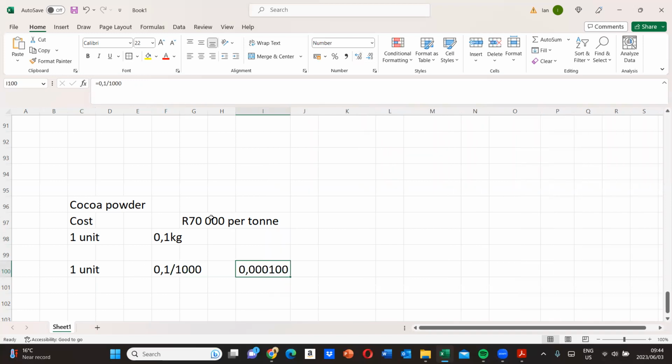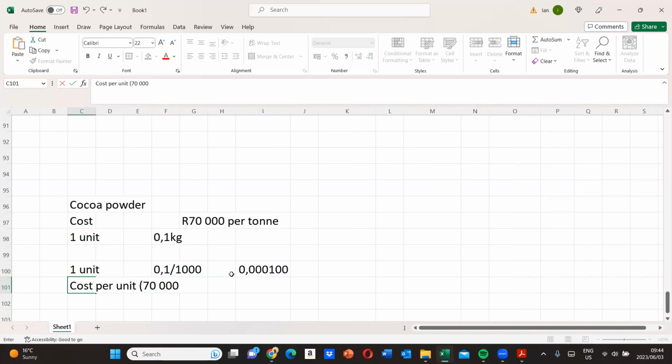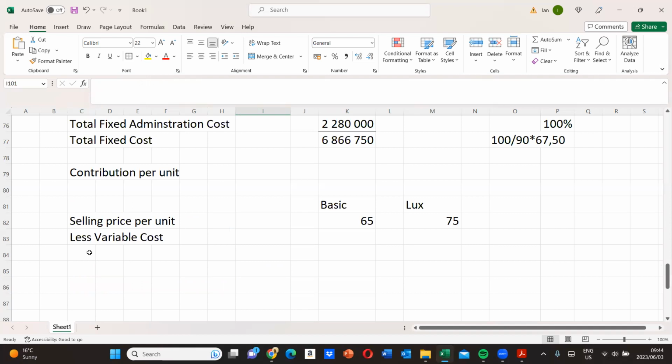Then we multiply with 70,000 to get the cost per unit, so we multiply 70,000 by 0.0001 in order to get the cost per unit. That is basically how we could have gone about it for cocoa powder.